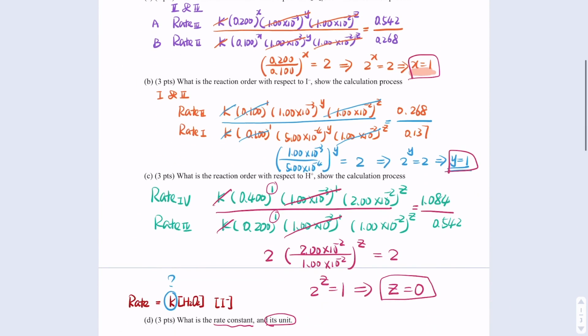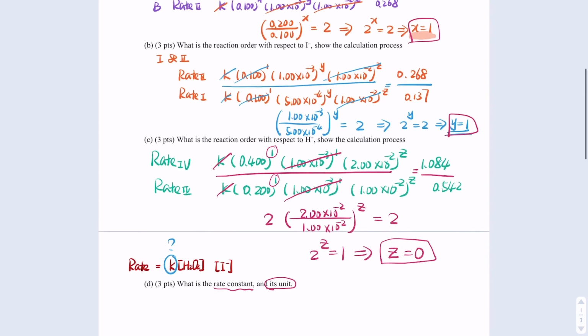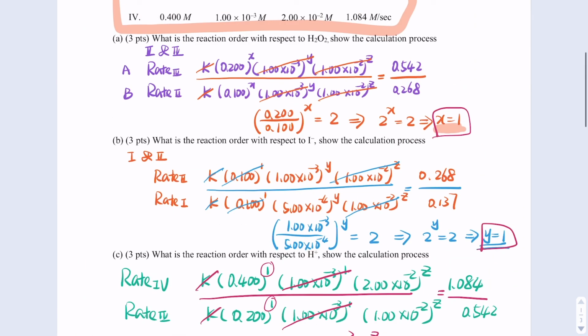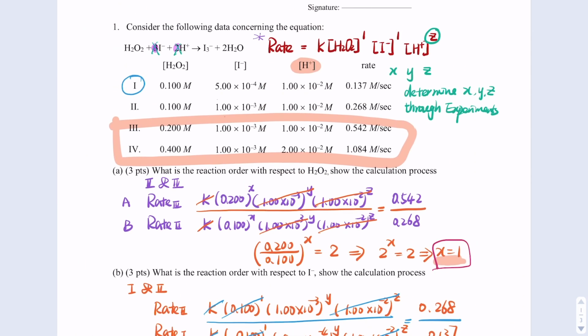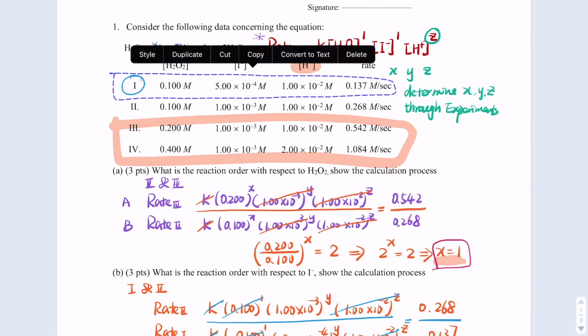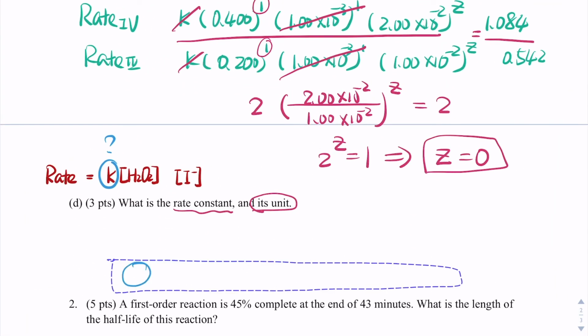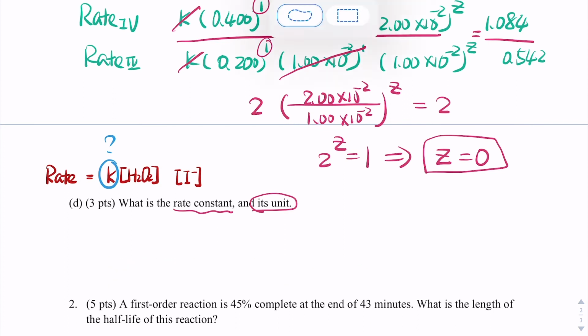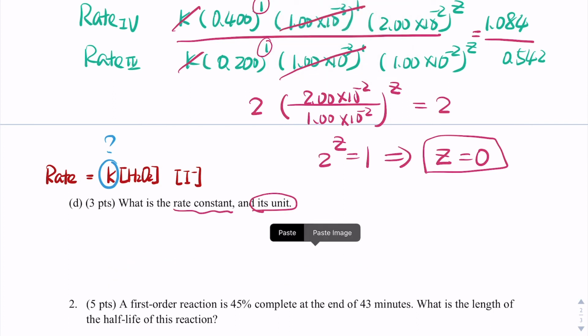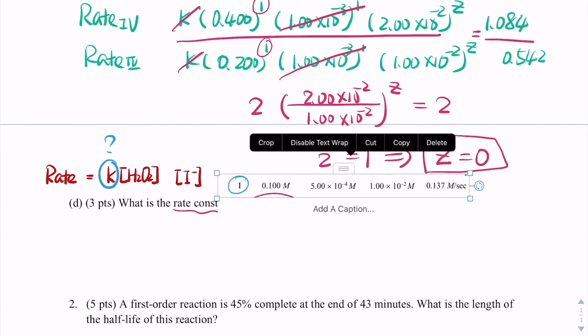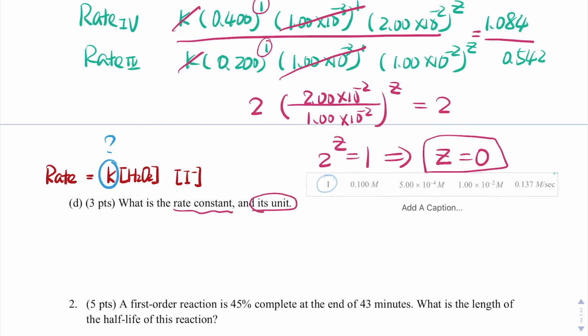Let me bring this so you can see it. We're going to use this to do the calculation.